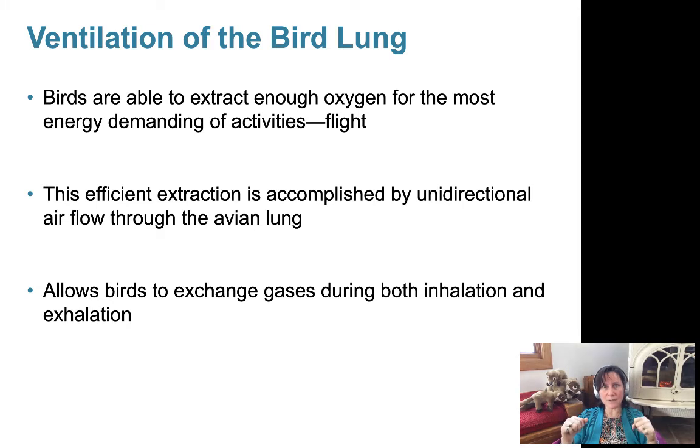And in order to do that, they need to be able to get oxygen into their bodies quickly. So they have a really efficient system that allows oxygen to constantly be flowing across their lungs, allowing gas exchange to occur. It's referred to as being unidirectional.